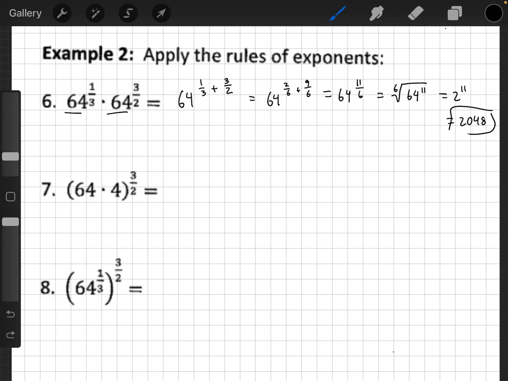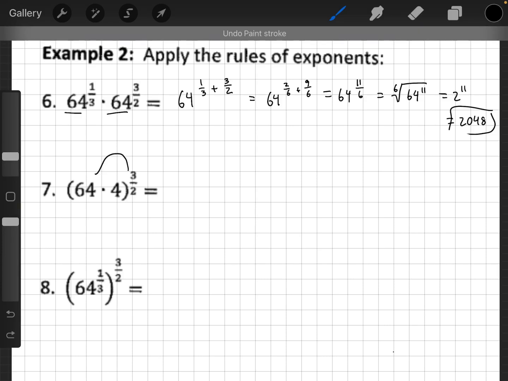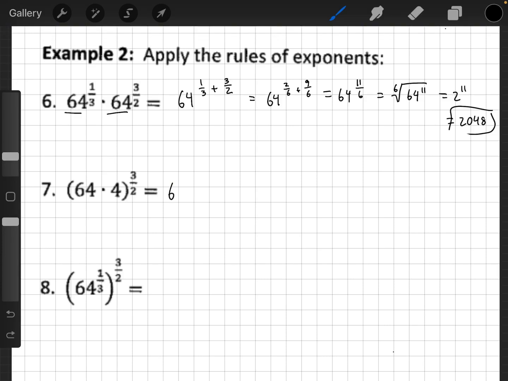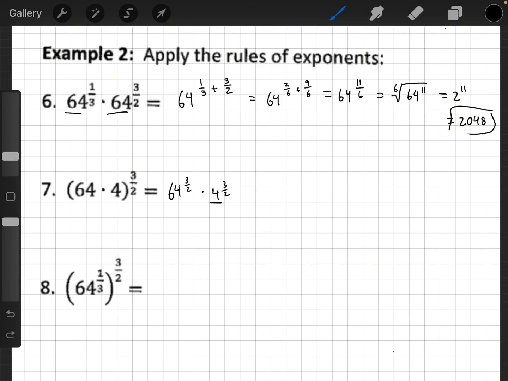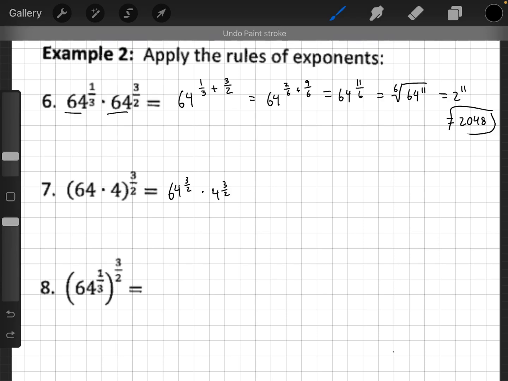Now for the second example, we can use the distribution rule and distribute this exponent to both parts of the expression. So we can rewrite it as 64 to the power of 3 over 2 times 4 to the power of 3 over 2. Now, since we're multiplying these two terms, we want to try and get these bases to match.